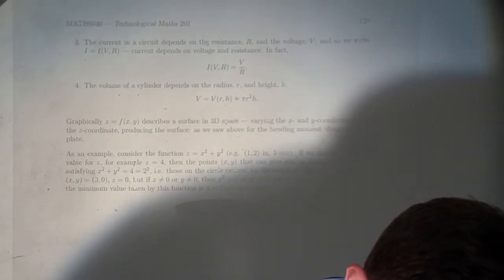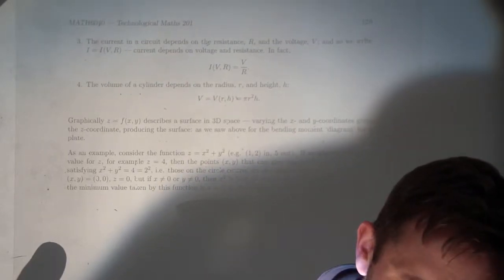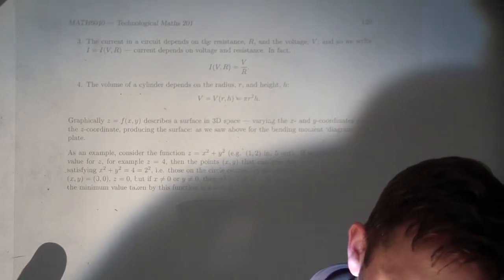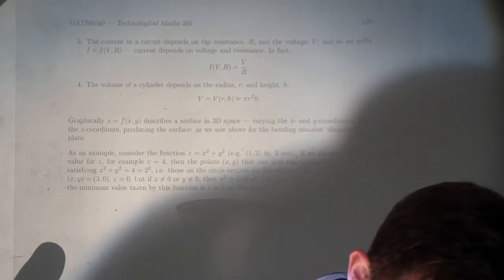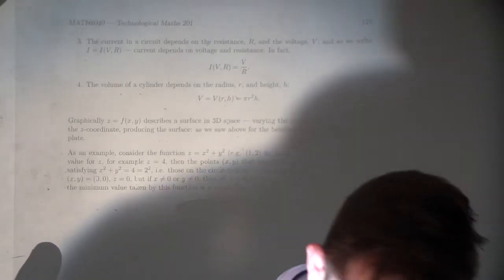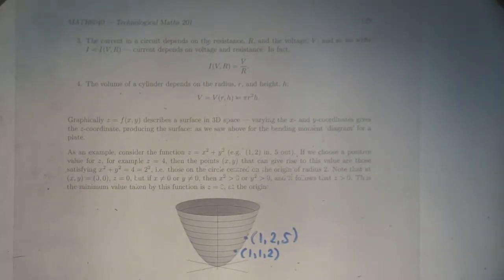If you put in 1, 1, you get out 1 squared plus 1 squared, so 1, 1, 2 is also on this. Consider all the possible inputs, calculate all the possible outputs, graph all those 3-dimensional points, and you get a surface.